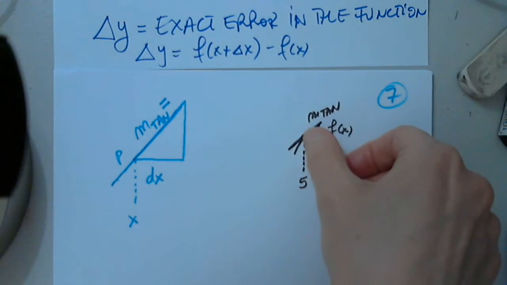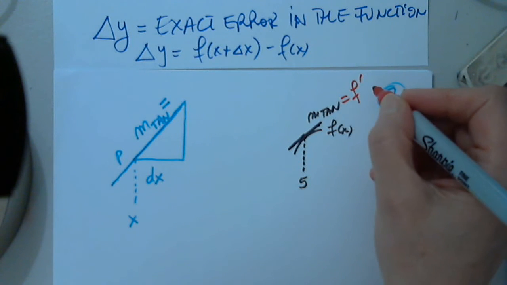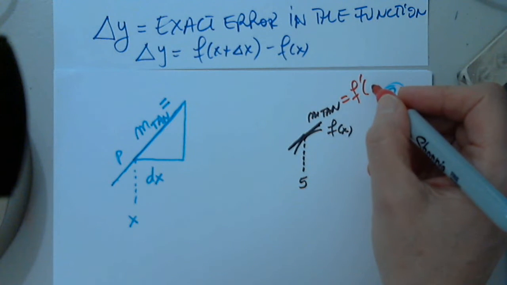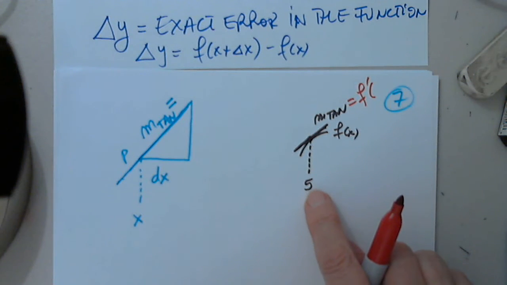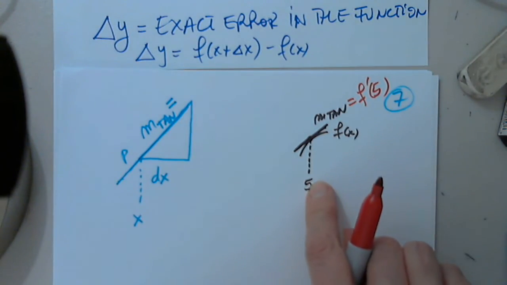Derivative. Yes. F prime of? The slope. Or 5. Exactly. It has to be at this point.